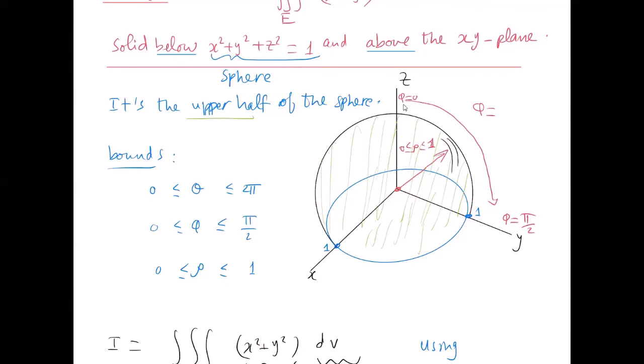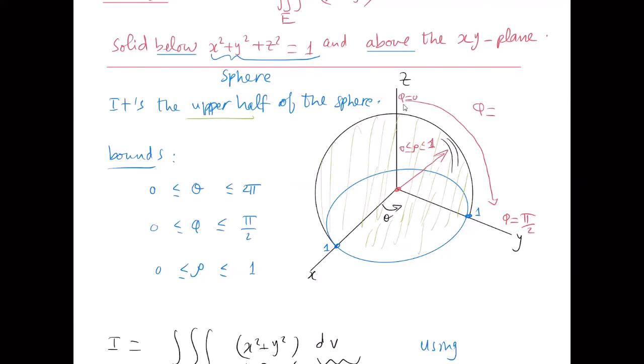Then how to scan all of the region using this spherical strip? I mean how to move phi, how to scan for phi and theta to cover all of the region inside this hemisphere. Theta will be the whole circle, from 0 to 2 pi. Yes, theta goes this way.